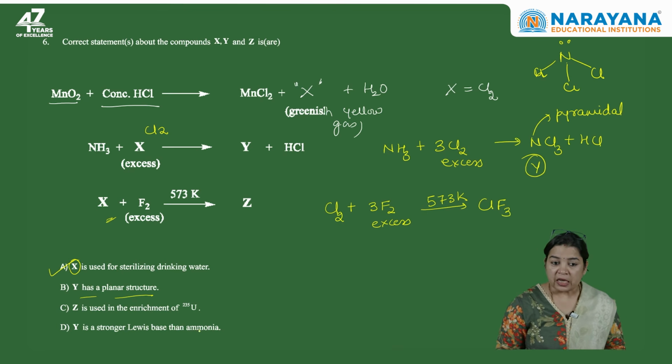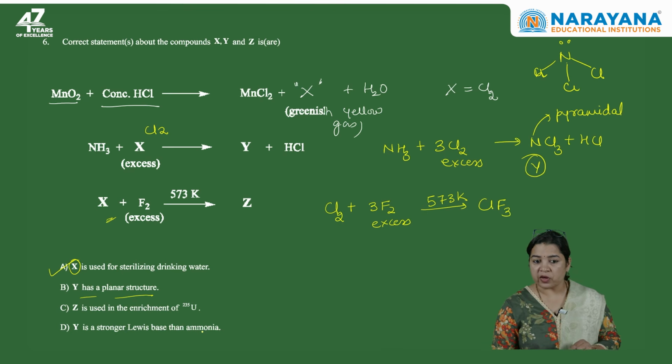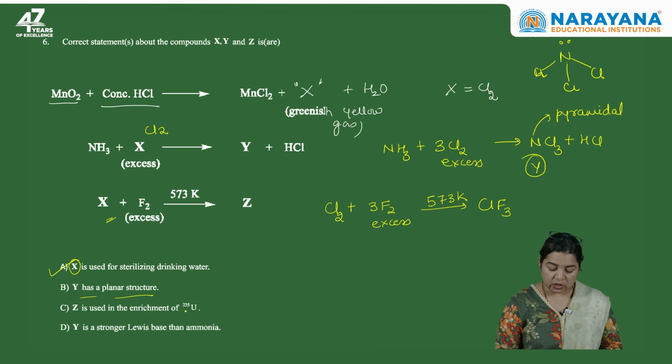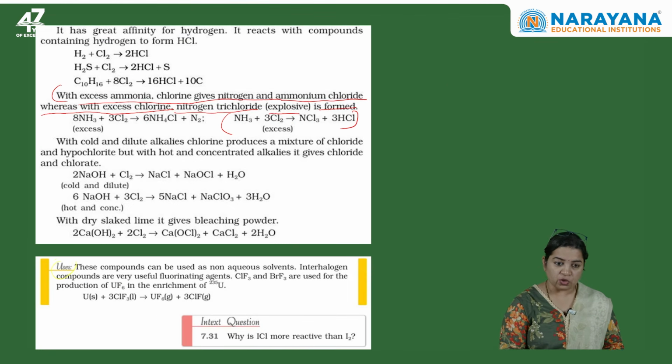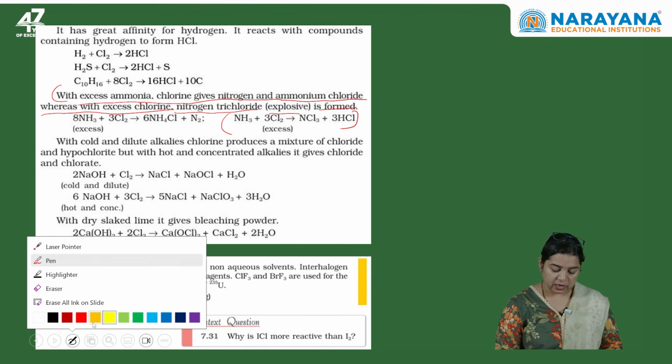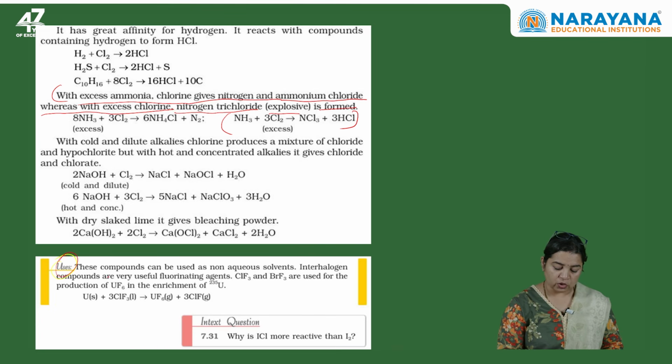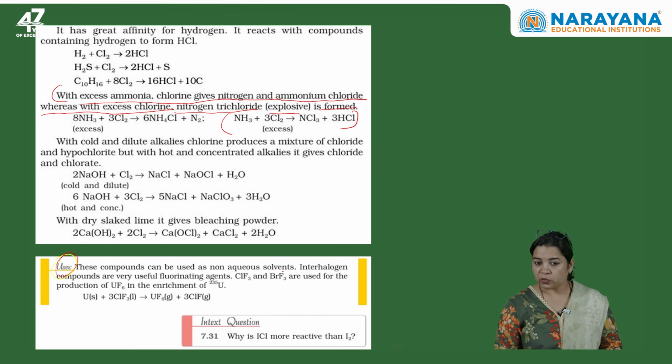Coming to C, Z is used in the enrichment of U-235, uranium-235. Now, how do we know this? What was Z? Z was ClF3. Again, go back to the NCERT halogen chapter. You will find it in the uses of halogens. These compounds can be used as non-aqueous solvents. Interhalogen compounds are very useful fluorinating agents.